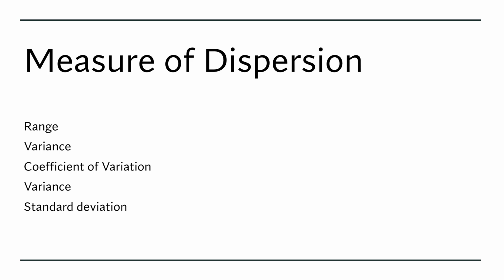Standard deviation is another common statistic, and that is the square root of the variance. It is useful to assess how variable a sample is, but the coefficient of variation is easier to use.